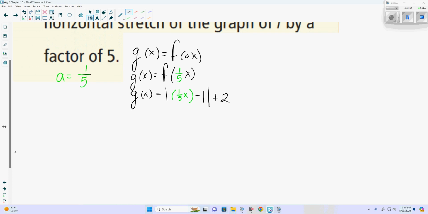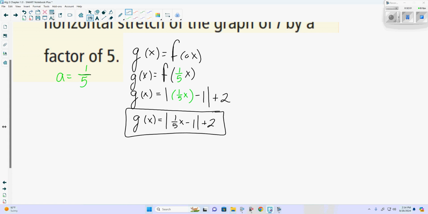Now our next step is to plug that 1/5 x into every x in f of x, which gives us g of x is equal to the absolute value of parentheses 1/5 x minus 1 plus 2. Is there anything in front of those parentheses besides the absolute value bar? No. So we can drop them. And that's it.